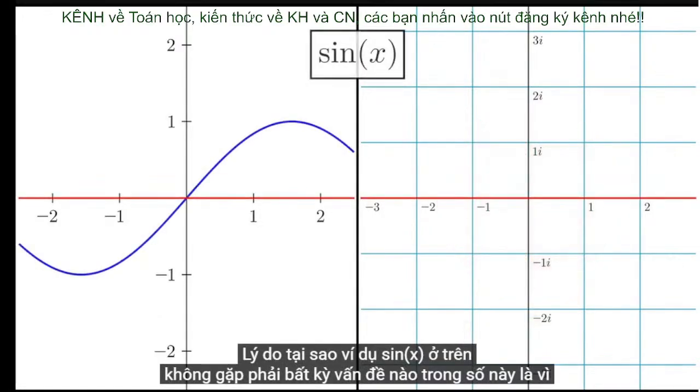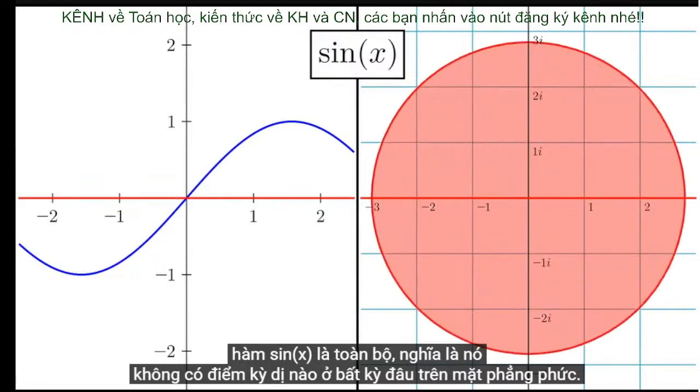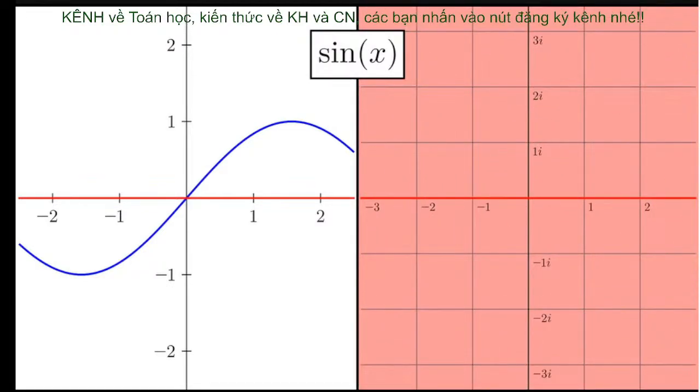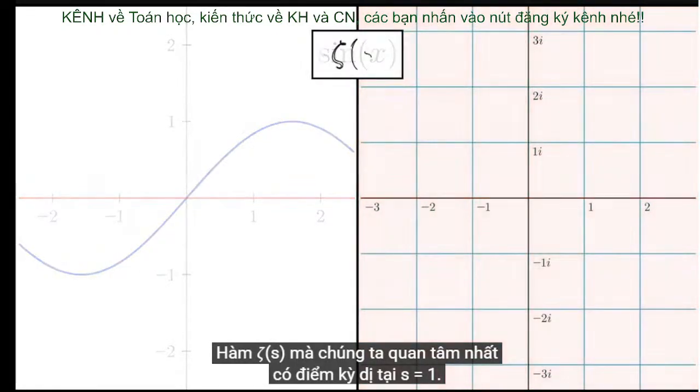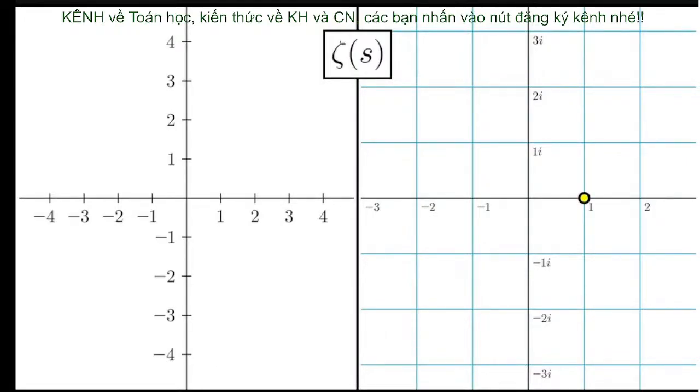The reason why the sine of x example from earlier did not run into any of these problems is that the function sine of x is entire, meaning that it has no singularities anywhere in the complex plane. The function zeta of s that we're most interested in has a singularity here at s equals 1.